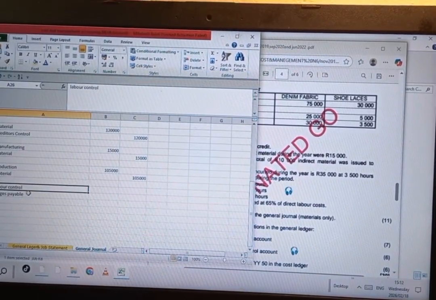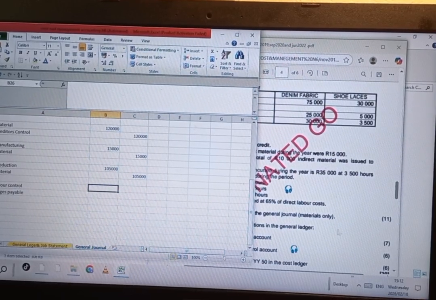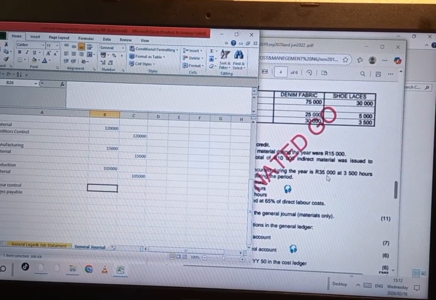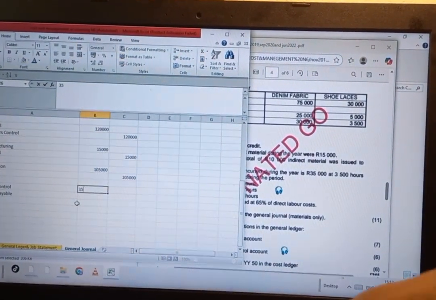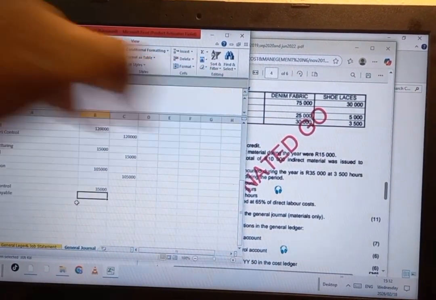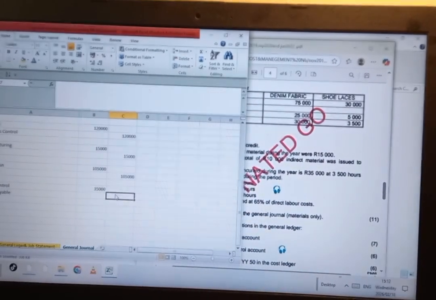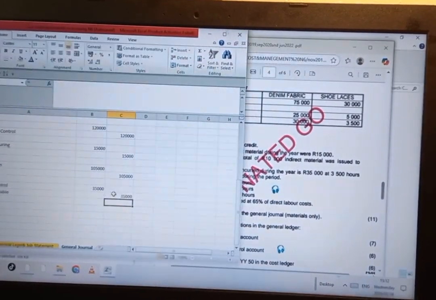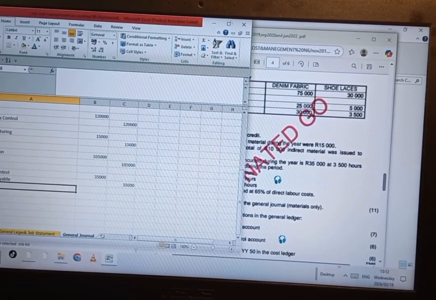They are telling us the total labor during the year is 35,000. So we debit 35,000 and also credit 35,000. The reason for these transactions is total labor cost.